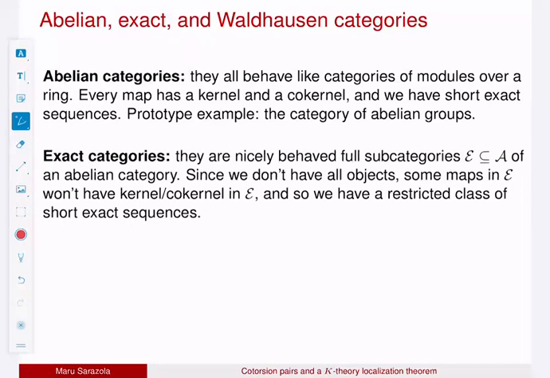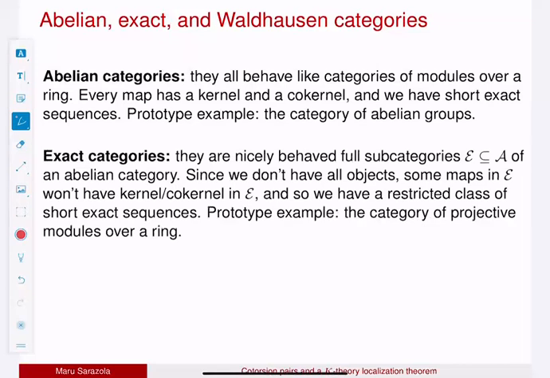So now, since we have a subcategory of an abelian category, we're likely missing some objects. And that's going to mean that we're going to be missing some kernels and co-kernels likely of maps. So this results in us having a restricted class of short exact sequences.